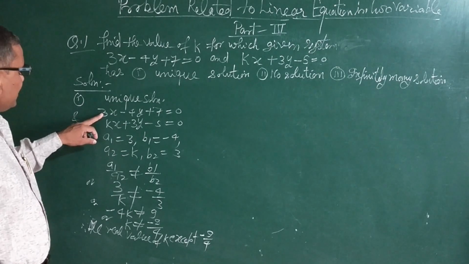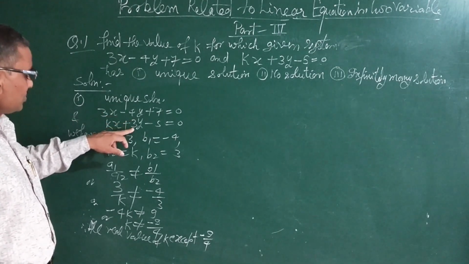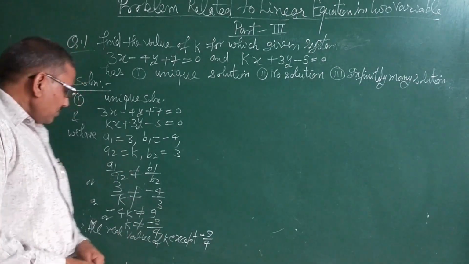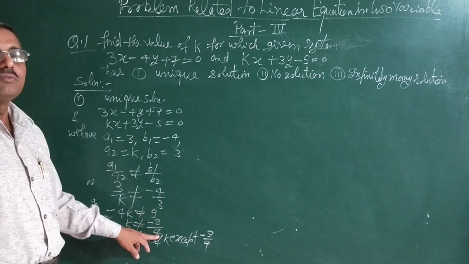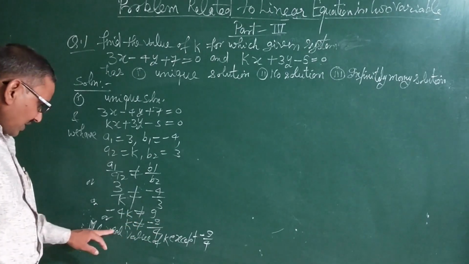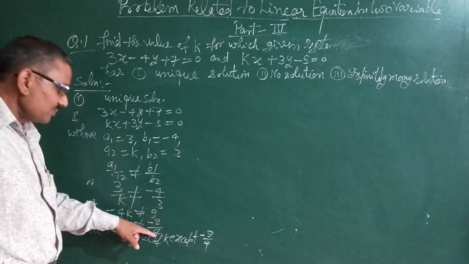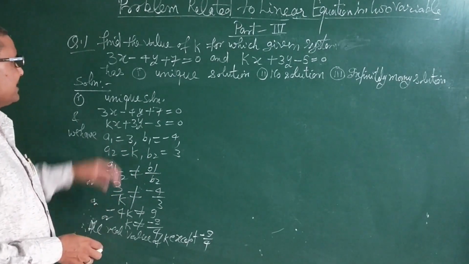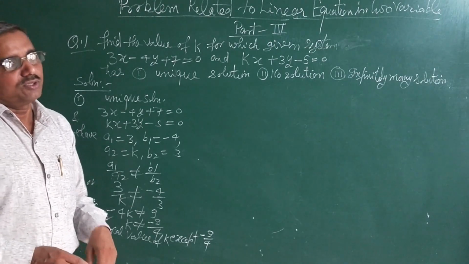Substituting all values and cross multiplying, we get k is not equal to minus 9 upon 4. Here all real values means except minus 9 upon 4, k can attain any value for which this system of linear equations gives the unique solution.